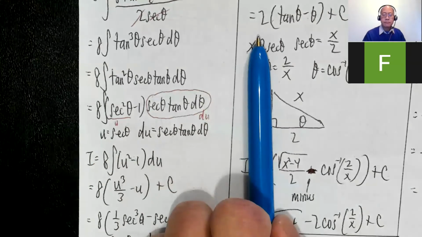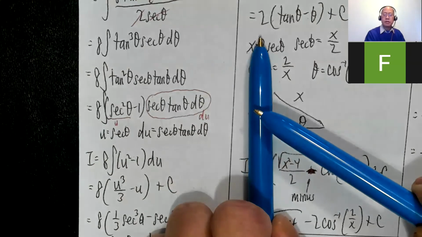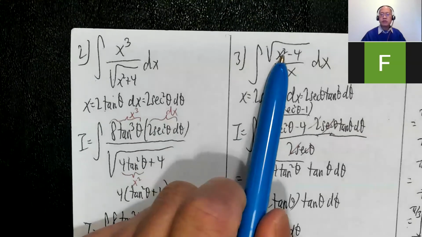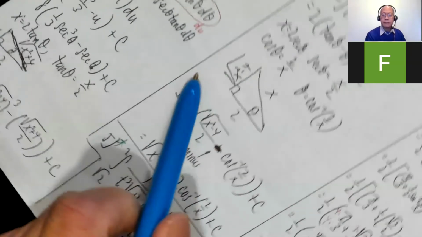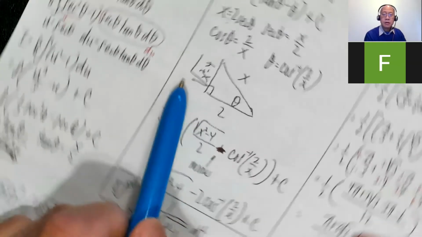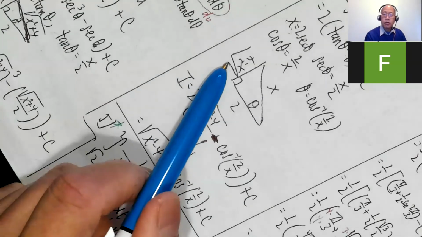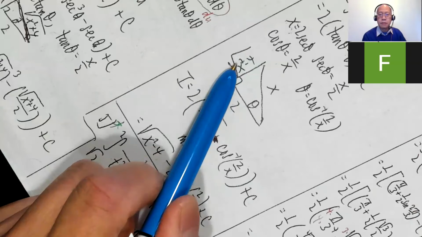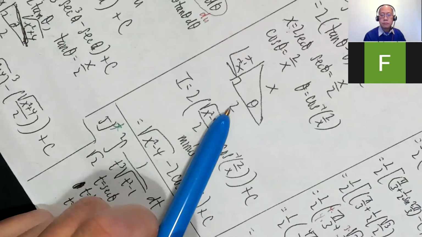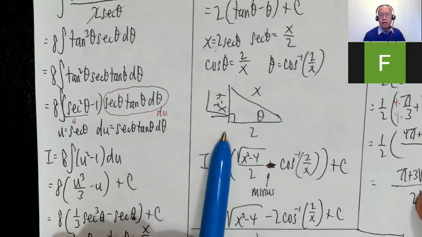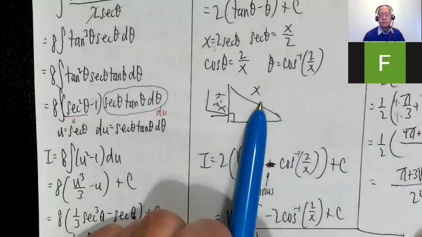For this side, you can do a squared plus b squared equals c squared, or it's probably the square root from the original, radical x squared minus 4. And then double check. What is this thing squared? x squared minus 4. What is this squared? 4. Add them up, the 4's cancel out. You have x squared, which is the hypotenuse squared. So it definitely works.